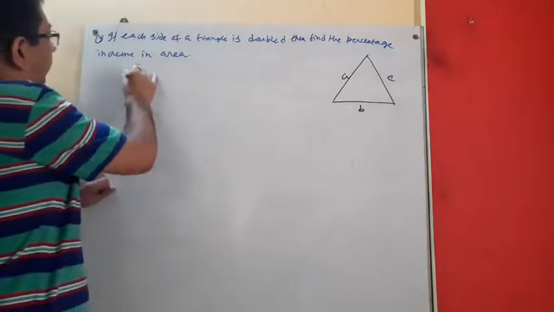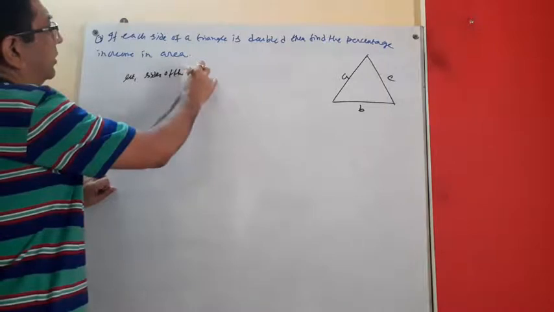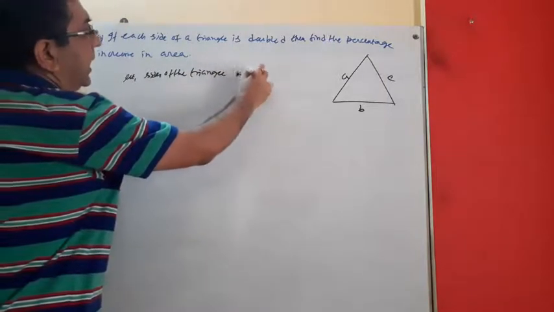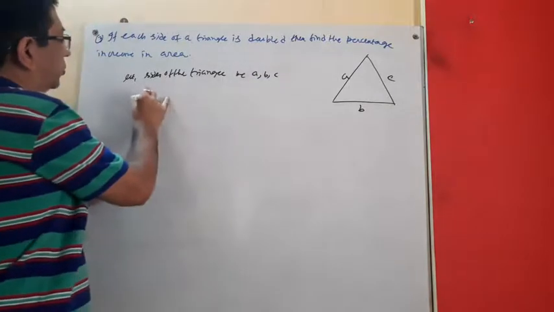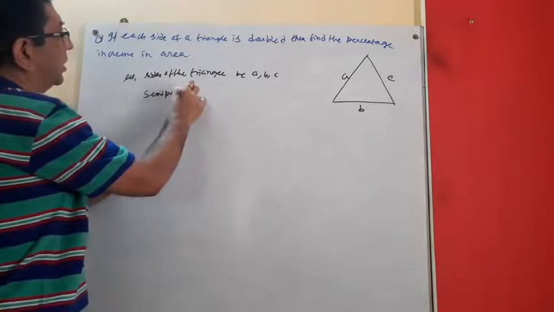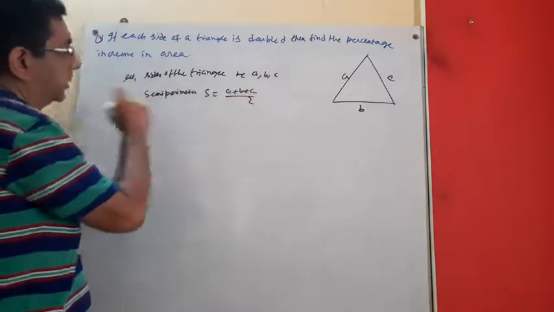So let the sides of the triangle be a, b, c. The semi-perimeter s equals (a plus b plus c) by 2, right?